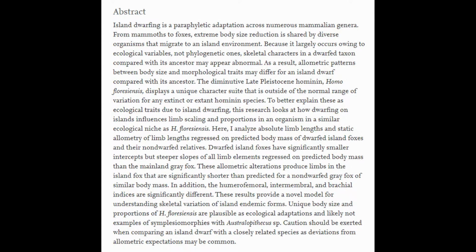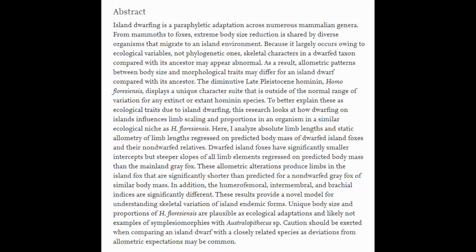Because it largely occurs owing to ecological variables, not phylogenetic ones, the skeletal characters in a dwarfed taxon compared with its ancestor may appear abnormal. As a result, allometric pattern between body size and morphological traits may differ from an island dwarf compared with its ancestor.